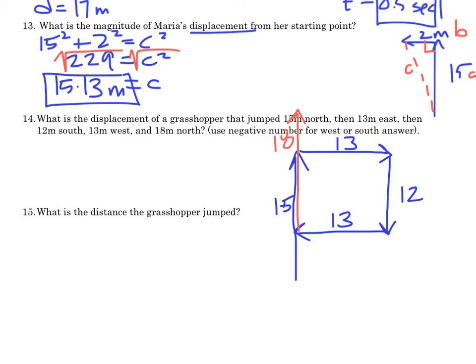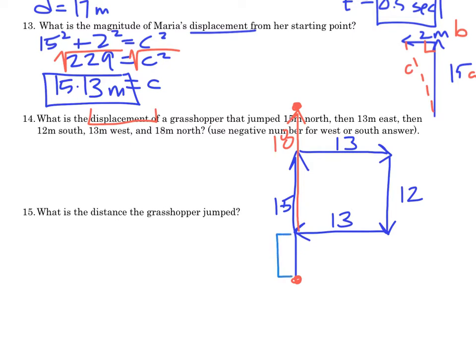Okay? I need to figure out their displacement, which is how far they are from where they started. So if the grasshopper ended here and started here, how far is that? Well, from here to here, this initial line is 15 meters. This part on this side is 12, then that means this little segment down here has to be 3.